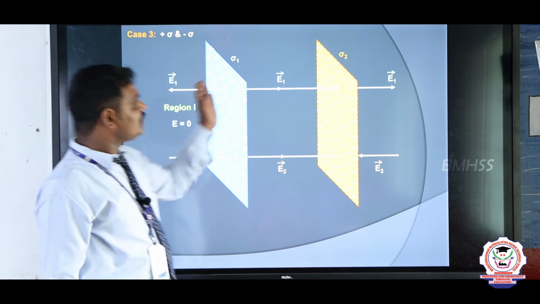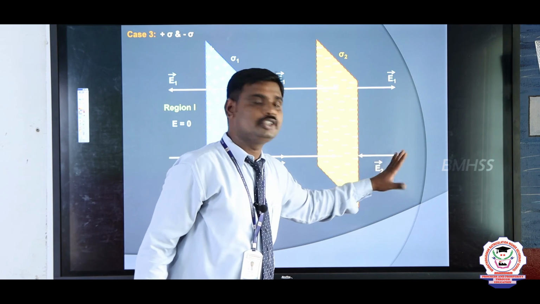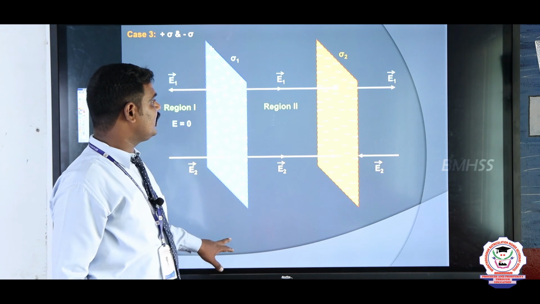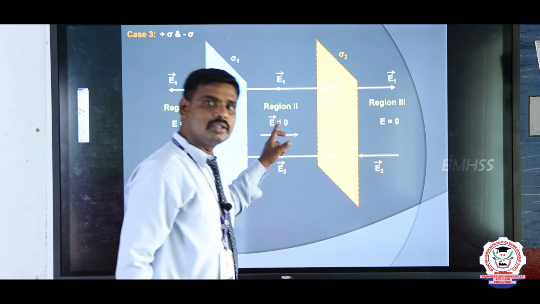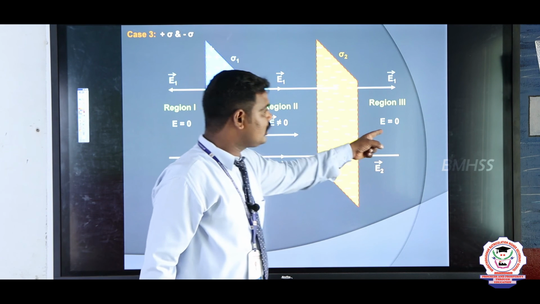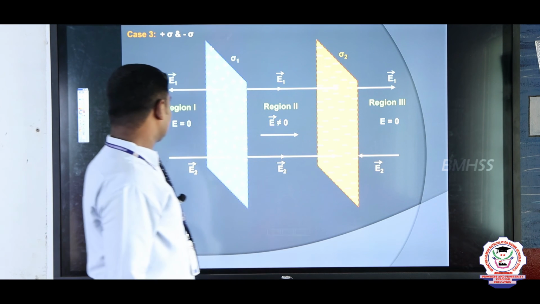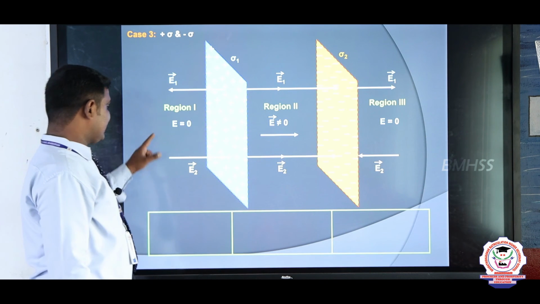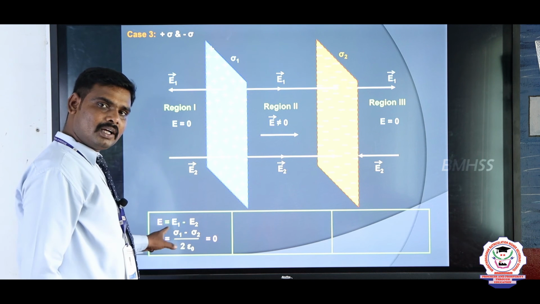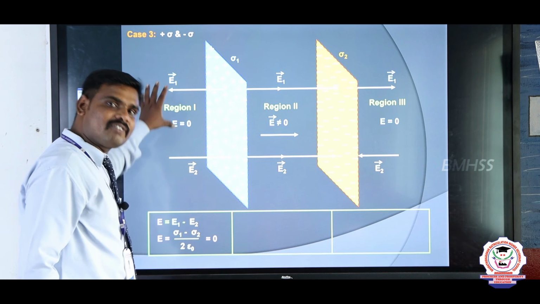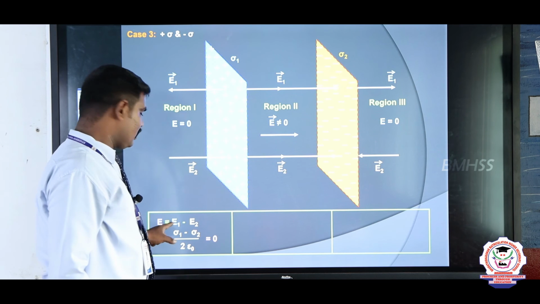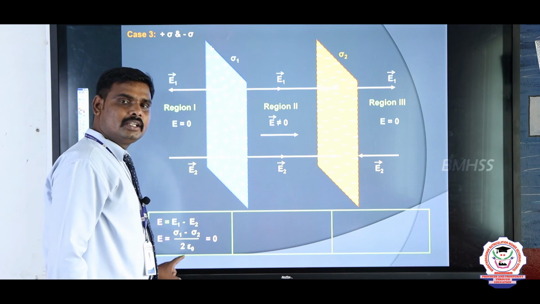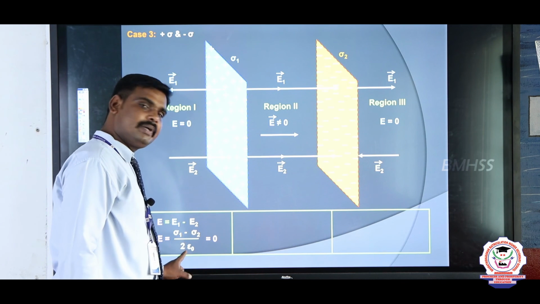Like that, in the third region also E equals 0, but in the center region E does not equal 0. So the resultant electric field E for the first region is E1 minus E2, which is sigma 1 by 2 epsilon naught minus sigma 2 divided by 2 epsilon naught.